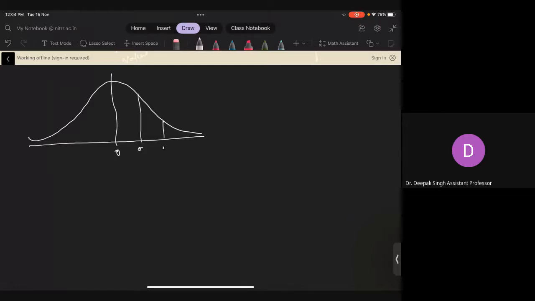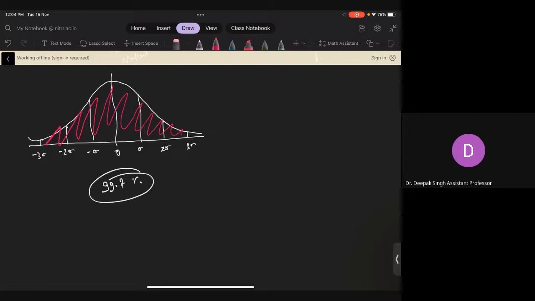Then you have plus 2 sigma, then 3 sigma, and similarly minus sigma, minus 2 sigma, and minus 3 sigma. If you observe this curve, approximately 99.7% of the complete area is captured by the area of the curve from minus 3 sigma to plus 3 sigma.